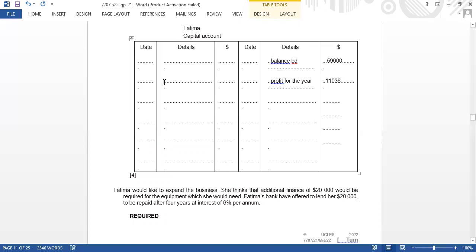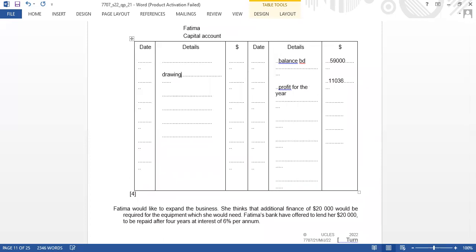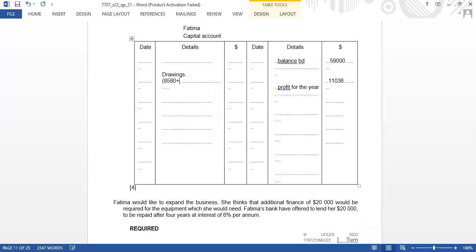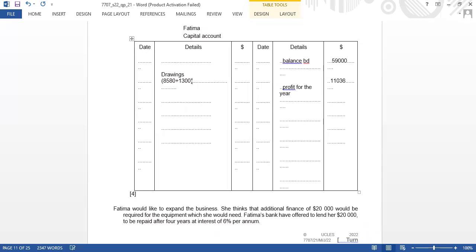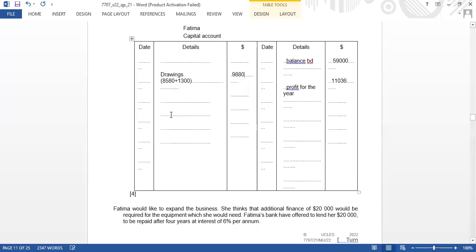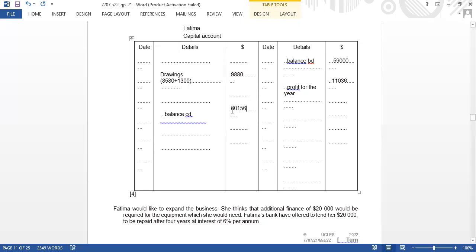Then we'll add the drawings, cash and goods. That means 8,580 plus 1,300. 1,300 was drawings of goods. 8,580 was drawings of cash. So it will give us 9,880. So balance c/d would be 59,000 plus 11,036 minus 9,880. That will give us 60,156.